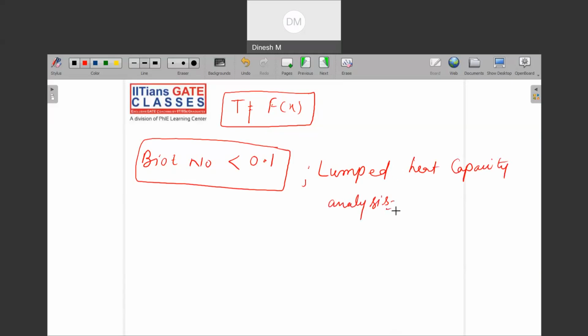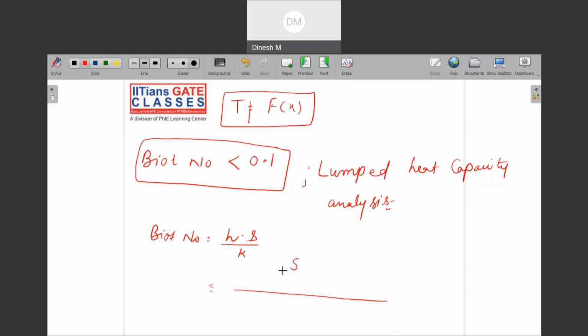Okay, so this is one. Now the Biot number is nothing but hS upon k. So what is this hS upon k? This is nothing but the ratio of internal conduction resistance.